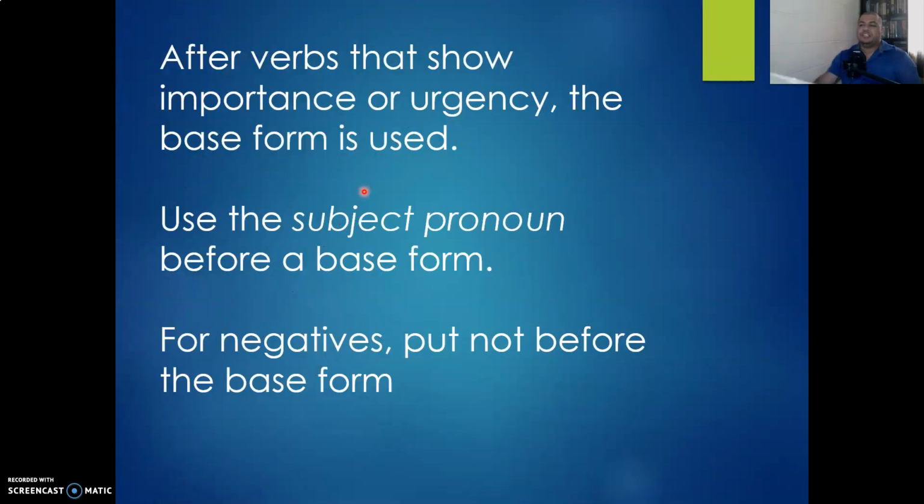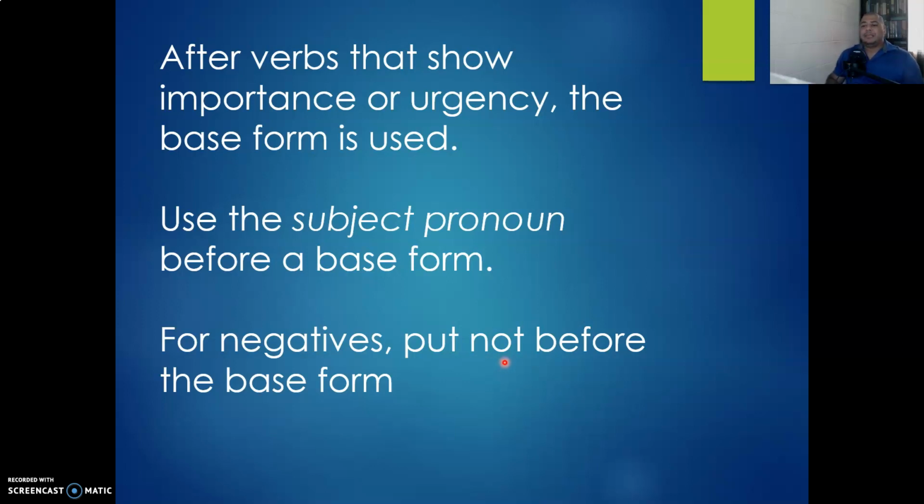After verbs that show importance or urgency, the base form is used. It's what I was telling you about the subjunctive. When we use these verbs, what we tend to use is the subjunctive mood. That's why we are using the base form in these cases. For negatives, you have to put the word not before the base form.